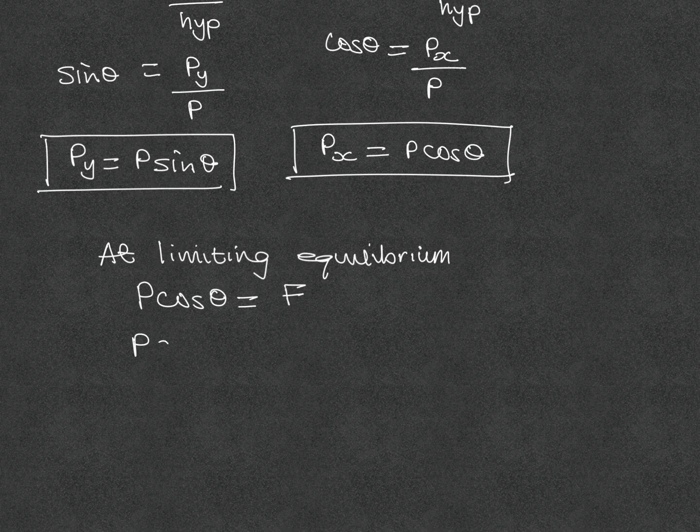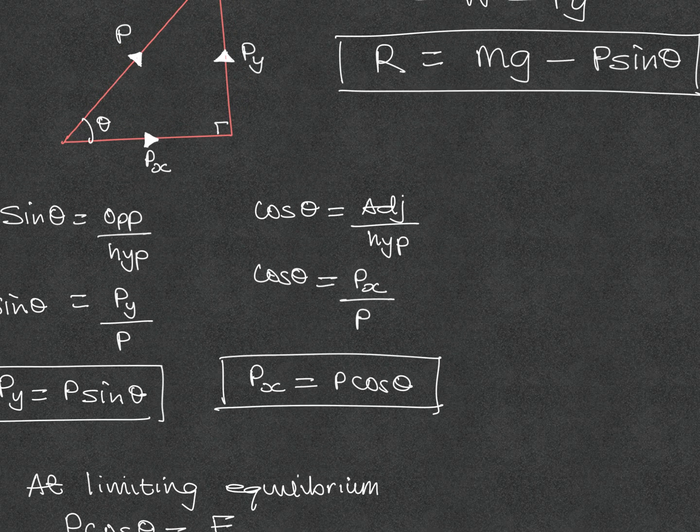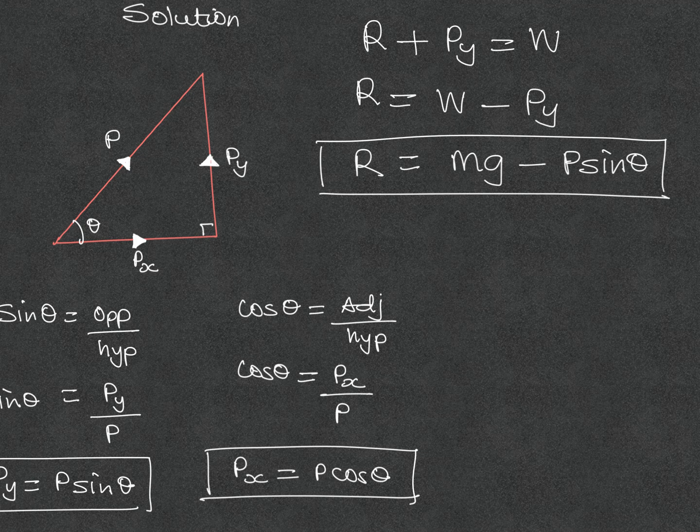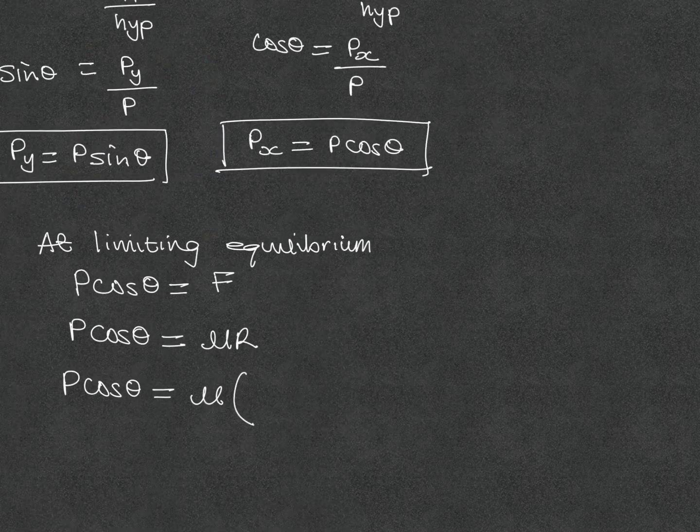So P cos theta is equal to mu R, because F is equal to mu R. So we'll say P cos theta is equal to mu into what is R? R is mg minus P sine theta.